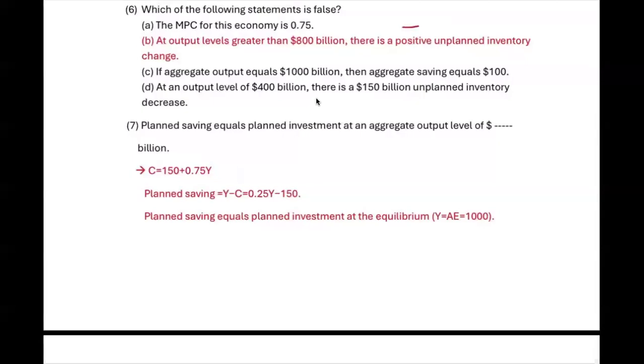And question 7, I don't think the answer is very good, because you only need to find the equilibrium point. Okay, because it asks you planned saving equals planned investment at aggregate level of what? So actually this is also about the equilibrium. So you don't need to calculate, because you already know at the output level equal to 1,000, you will get the equilibrium.